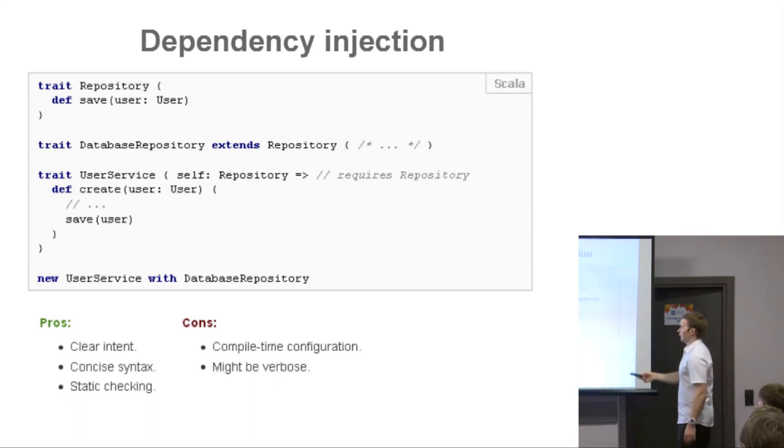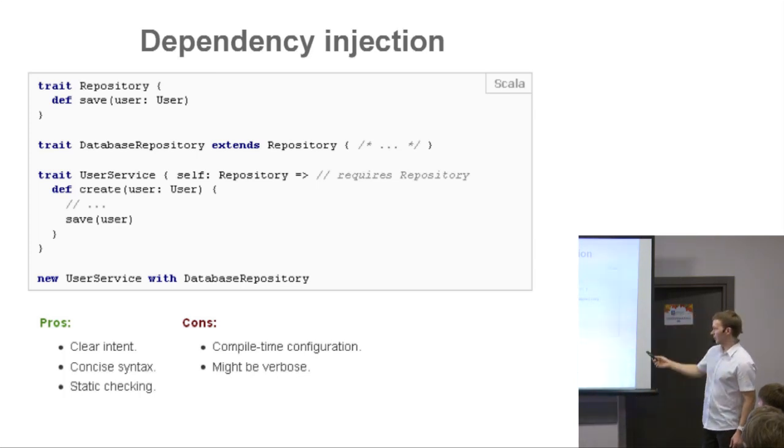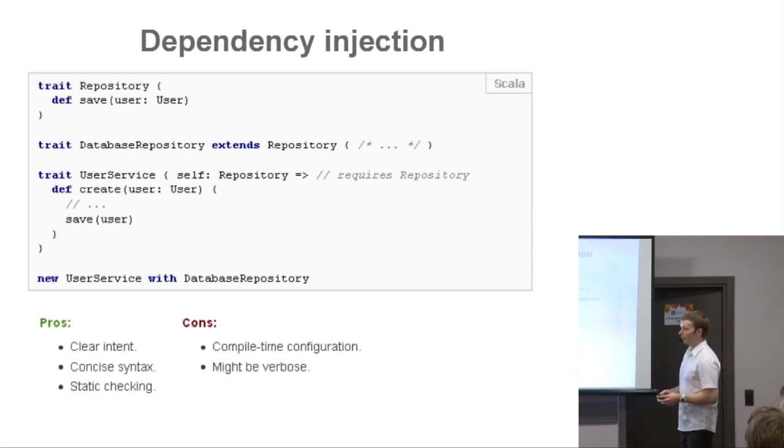So here's how we can actually inject our dependency when we are creating the user service. The advantages are clear intent, concise syntax, and our configuration is statically verified.